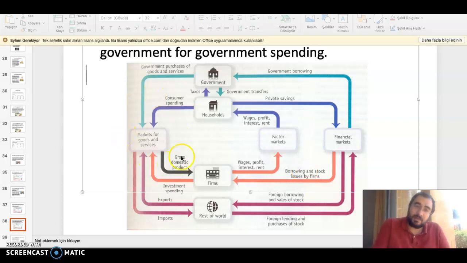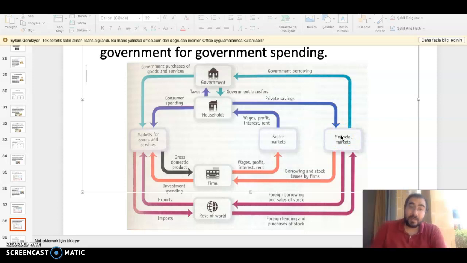But using this chart, it's very easy to see the expenditure methods. Factors markets are the active factors of production, and so wage, profit, rent, interest are sent to the household through these factor markets. Of course, factors markets to some extent are also merging with the financial markets, but that merge is not visible here.